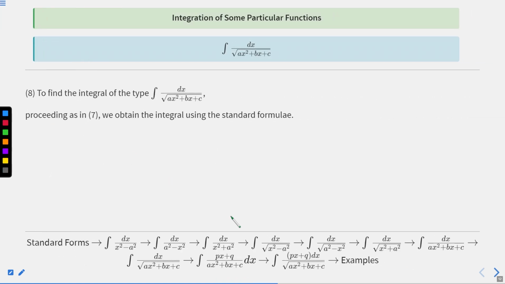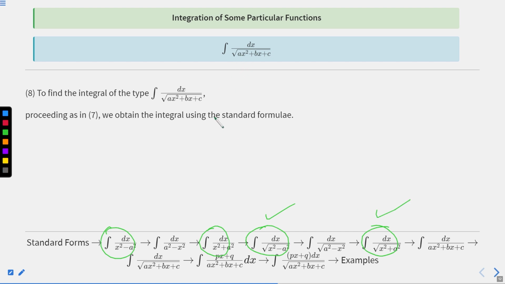Now, what if you have to find the integration of 1 by root of ax square plus bx plus c? We will use the same thing, but at the last step you will have either this form or this form. The only difference is that in the former expression you were getting this or this form, but here you will get either this form or this form because of the root.